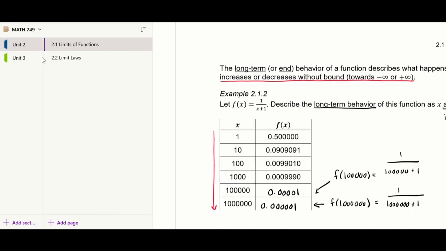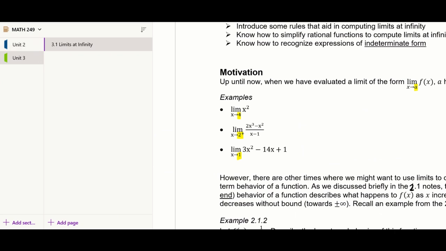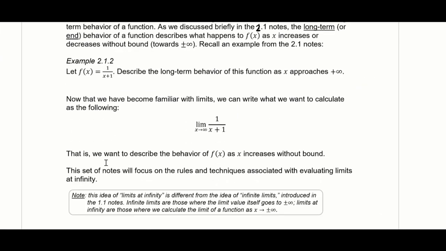And that's really what our focus is going to be in this first set of notes in Unit 3: what's going on with a function as we let x go to either positive or negative infinity, that end or long-term behavior. So we want to describe the behavior of our function as x increases either positive or negative without bound. That's the specific focus of this set of notes.